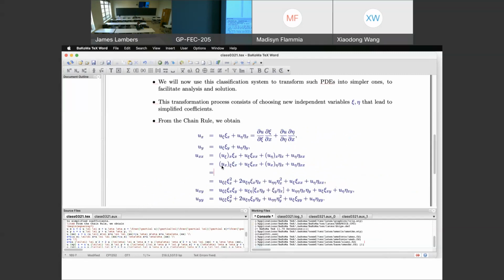Because now I can take u_x here and u_x here and replace them with this expression that was obtained earlier. All right, so u_x is this, here and here.